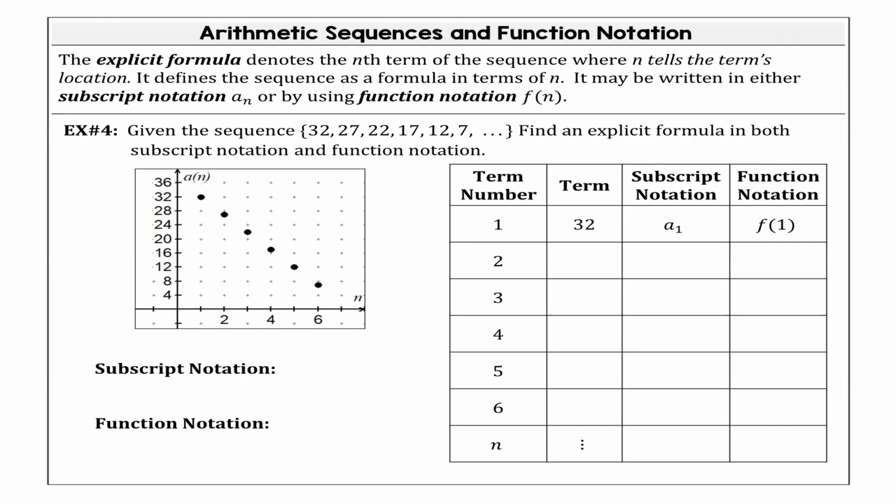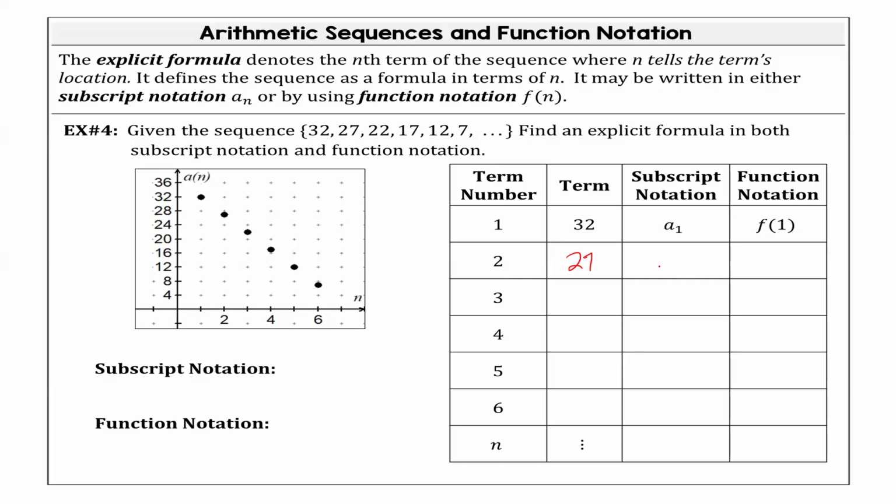All right. So if I have here number of term, term 1, and the value is 32, then the subscript is A sub 1, f of 1. This is summarizing what we've learned. So then keep going with the pattern. Now, to make sure we're good, what is the value of 2? 27.